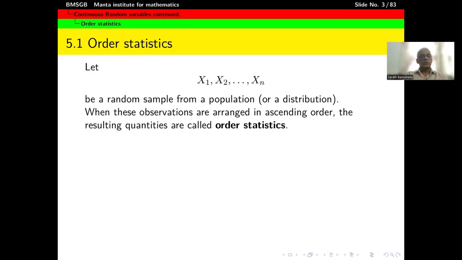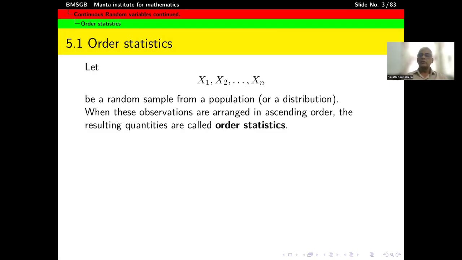So when you say order statistics, there are several order statistics. Suppose you have a random sample x1 up to xn. X1 is a random variable, x2 is a random variable, and so on. Xn is a random variable. Be a random sample from a population or some distribution.